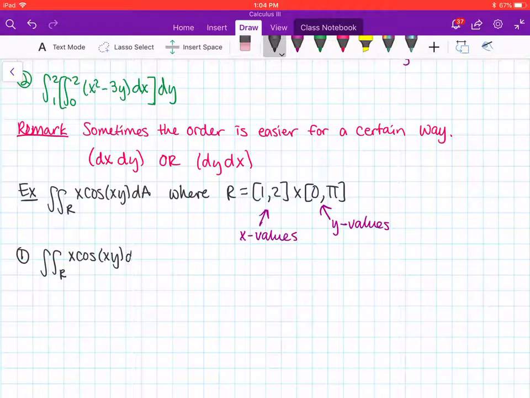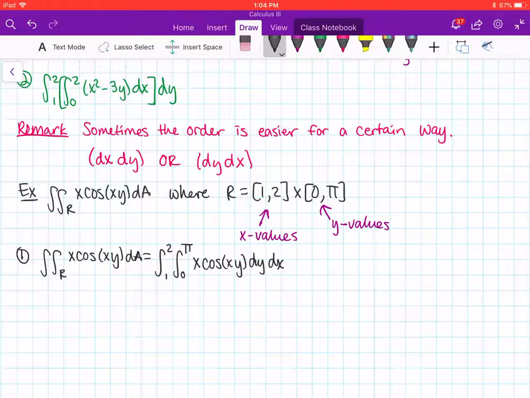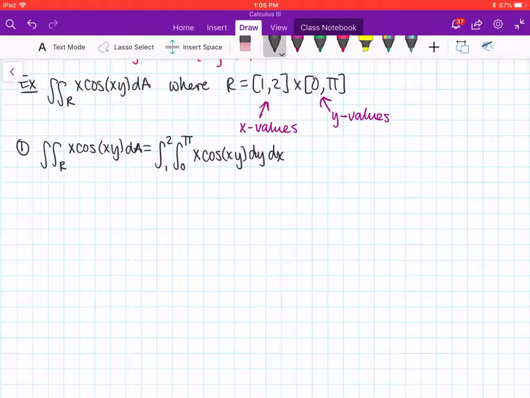Basically, you just pick. So let's pick where we go from 1 to 2 first, and then from 0 to pi. Keep the inside the same, and then we're integrating with respect to y first. Okay, so once we do that, we remember that here we have x is the constant.